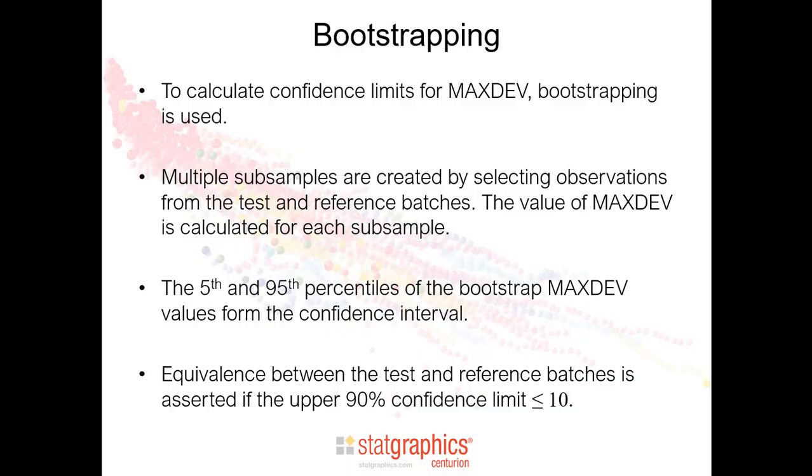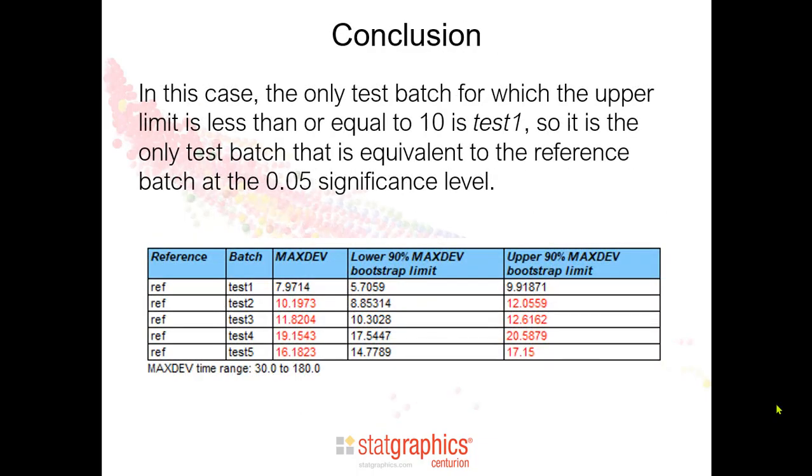Equivalence between the test and reference batches is asserted if the upper 90% confidence limit is less than or equal to 10. In this case, the only test batch for which the upper limit is less than or equal to 10 is test 1. So it is the only test batch that is equivalent to the reference batch at the 5% significance level.